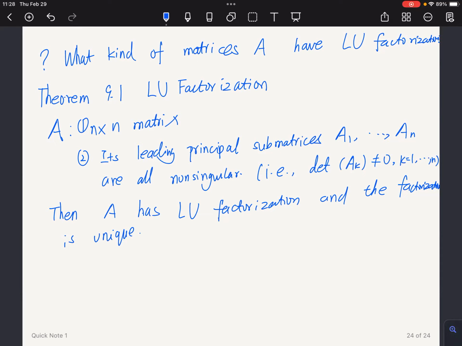This is the definition of non-singular. But what is the definition of the leading principal submatrix? The A matrix looks like this: A11, A12, to A1n, then A21, A22 to A2n, all the way to An1, An2, and Ann.